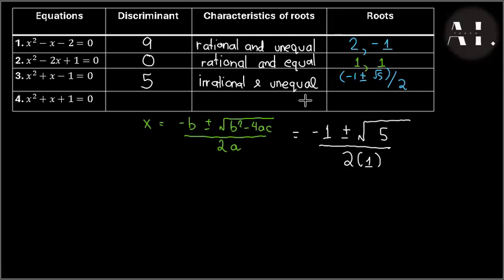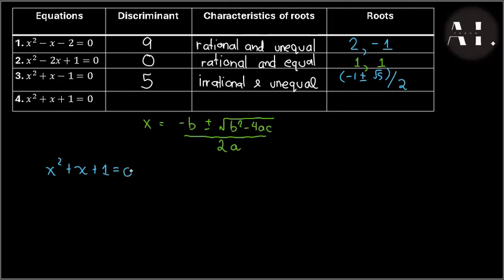For the last equation, x squared plus x plus 1 is equal to 0. The coefficients a, b, and c are all 1. Substitute these values to our discriminant formula.